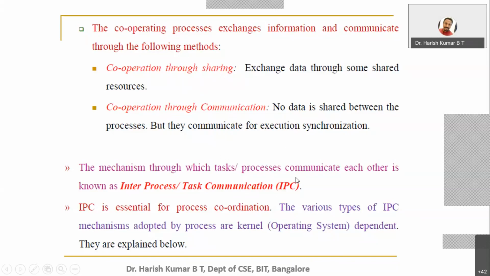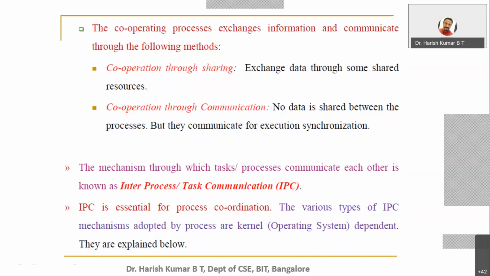This is the mechanism through which two or more processes can communicate with each other, either for sharing data or synchronizing their execution. IPC is essential for process coordination, and the various types of IPC mechanisms adopted by processes are all kernel dependent.